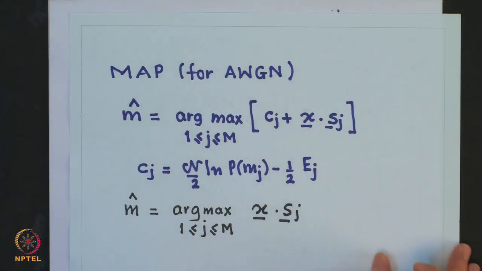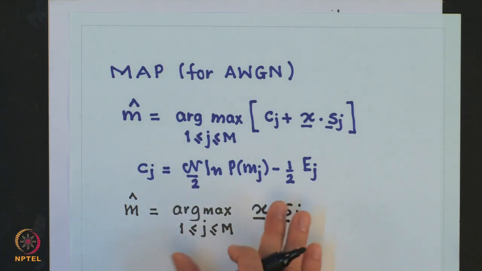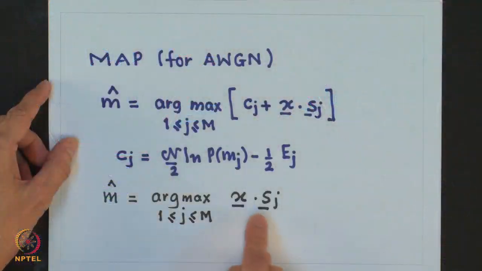Right? Fine? Okay. So, this is a simplified form of the MAP detector for equiprobable symbols and equal energy message signals.